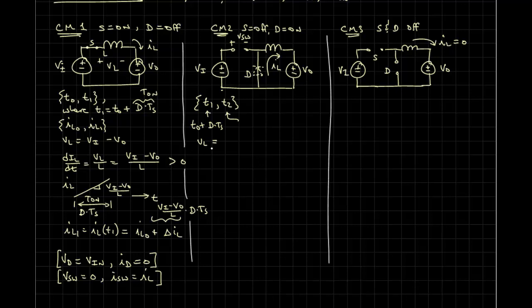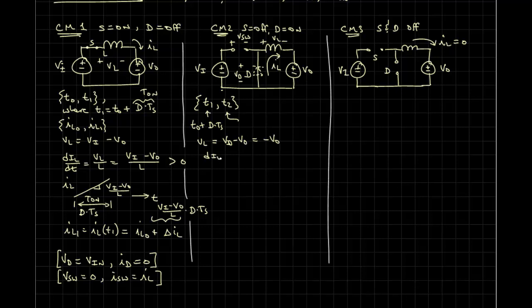Now VL during this time is going to be equal to minus VO. Previously it was VI minus VO, but now that VI is disconnected and instead we have a shorted diode, it's just 0 minus VO. Or I could write, if this is VD, we could say that it's VD minus VO, which in this case is minus VO.